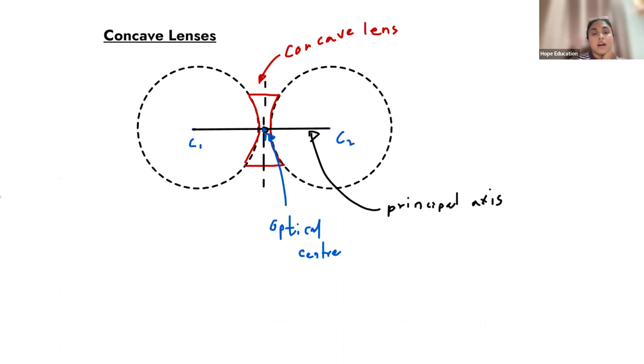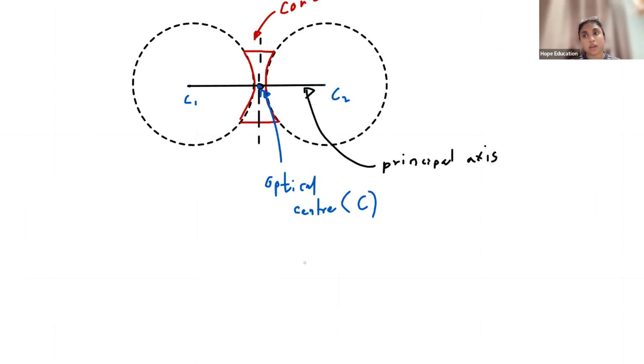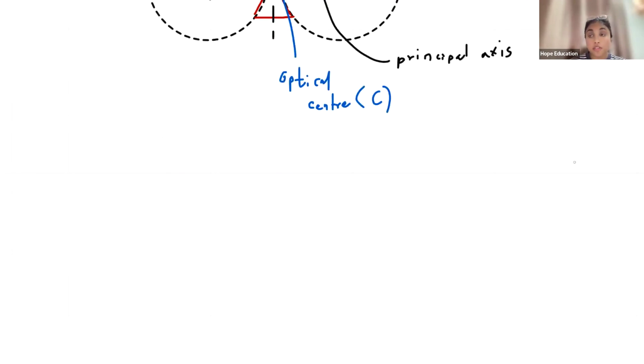Okay. So here, I'm not going to write anything because it's more or less the same thing, right? You already know what the principal axis is and what the optical center is. I will just put one sentence here, but before that, let me explain one more part to you. In convex lenses, we learned about the focal point, right? Let's talk about the focal point of concave lenses.